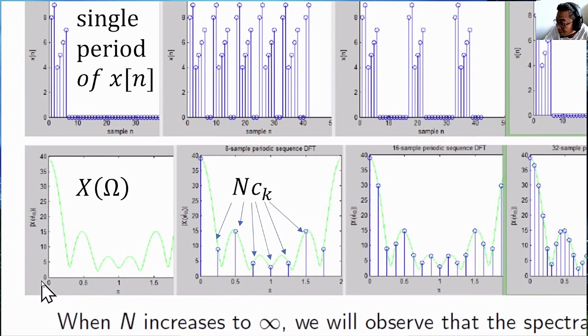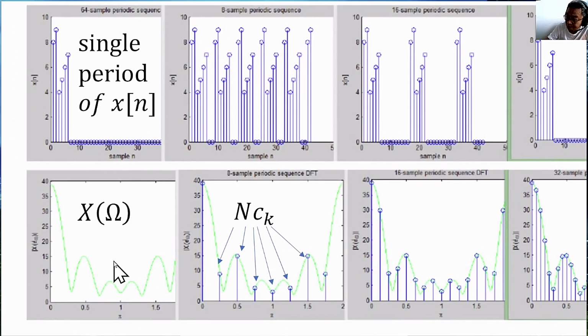So here is 0, here's π, and over here is 2π. And it is a smooth plot because I examine it for very fine values of ω.